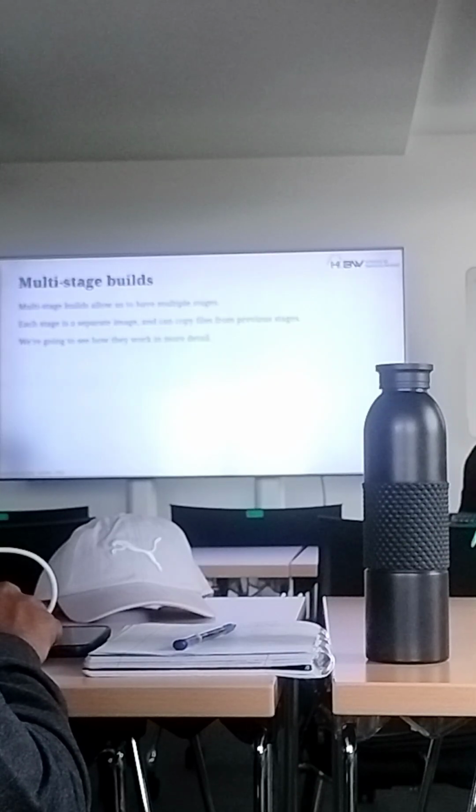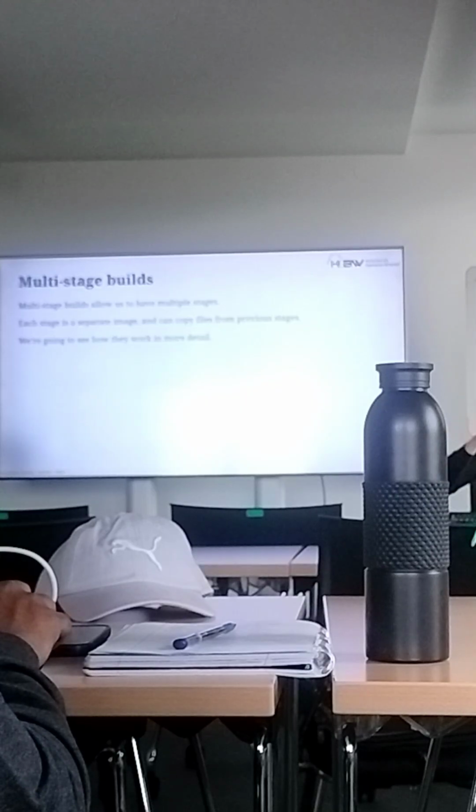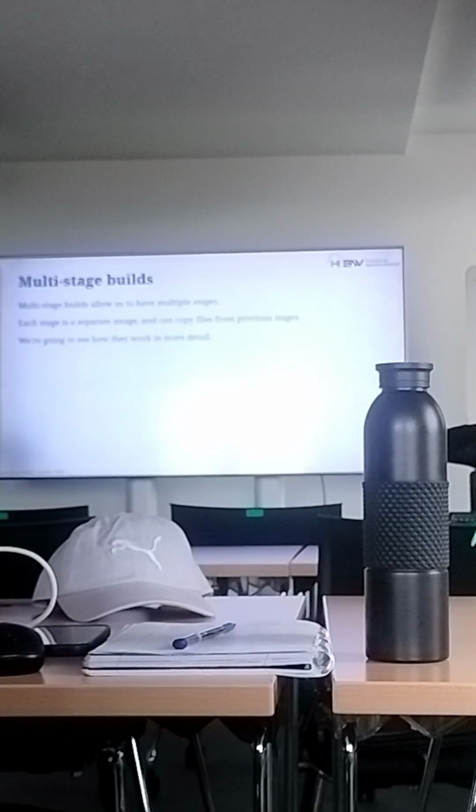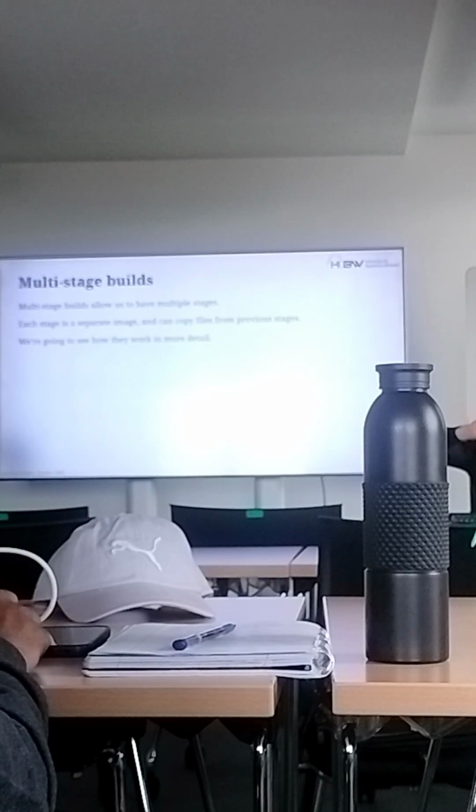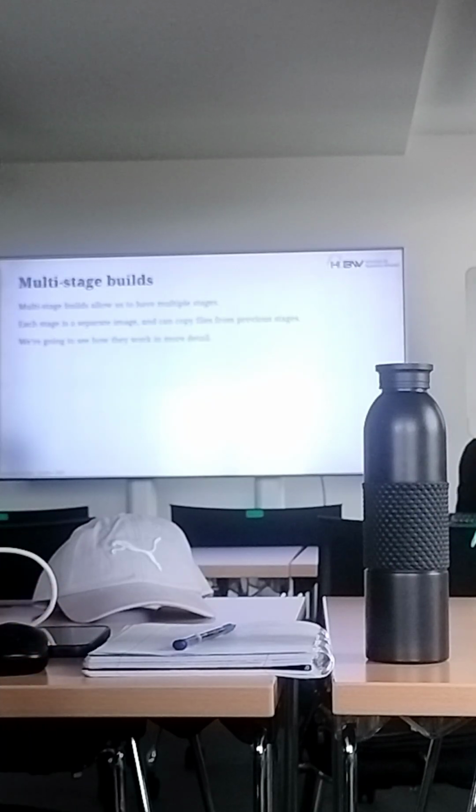And then we have another stage, which is the default, the execution stage, where we just copy the binary from the building stage into our execution stage. The execution stage will be composing the final image. So we throw away everything from the building stage, apart from this one binary that we have built.